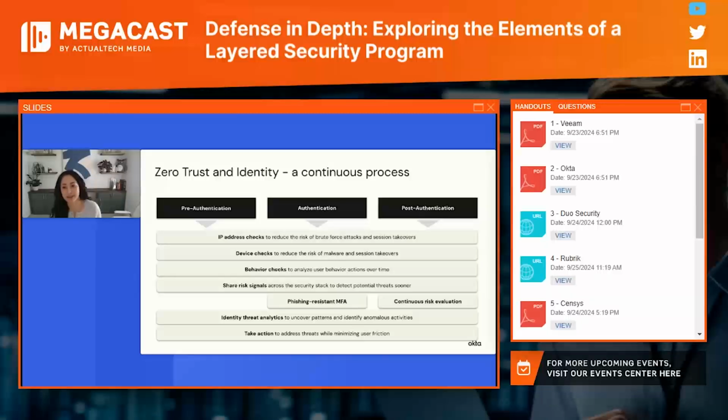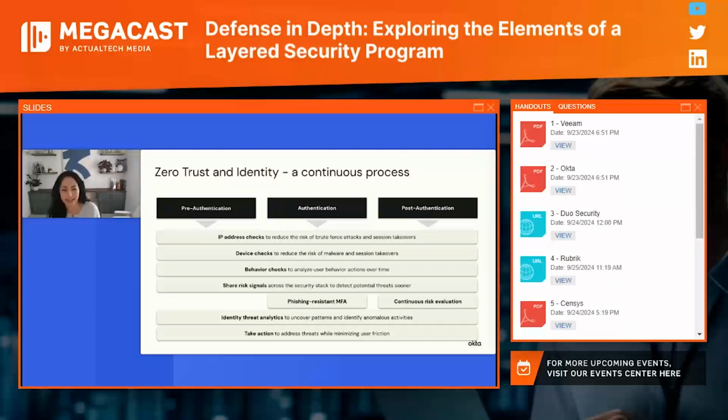However, if I'm attempting to log in the middle of the night, 1,000 miles away on an unfamiliar device or any one of these things, you can have a policy in place that has me jump through extra authentication hoops, or maybe even limits my access when I do authenticate. And at the authentication stage is where the phishing-resistant MFA comes in. So preventing attackers from bypassing traditional MFA.